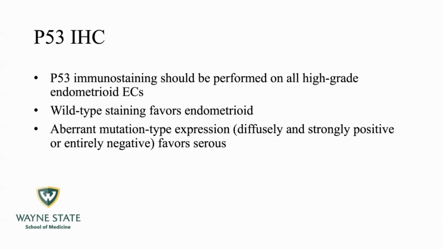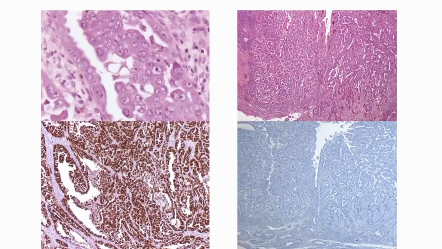On the other hand, the aberrant type is when you have diffuse or strong positivity, as if it's a Christmas tree, lighting up, or entirely negative. We favor serous carcinoma and we call it aberrant expression or aberrant type.